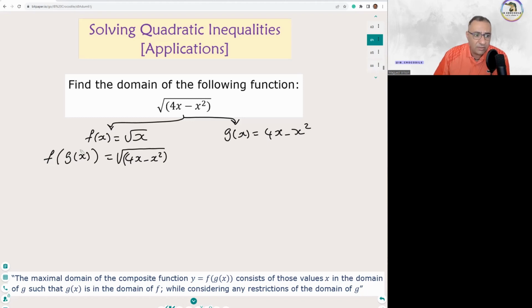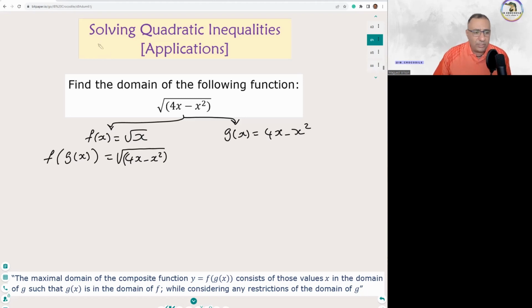That means g of x, the inner function, has to follow the domain of the parent function, or the outer function, while considering any restrictions of the domain of g. I will get back to this in a few minutes, but let us first try to understand what the domain of the square root of x is.